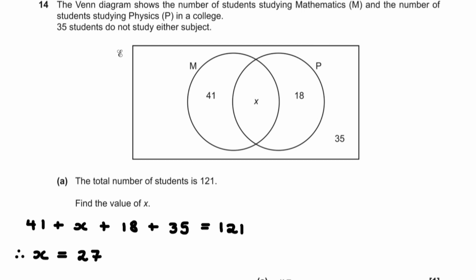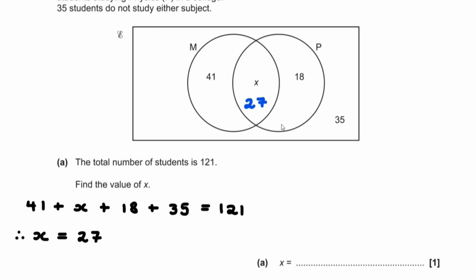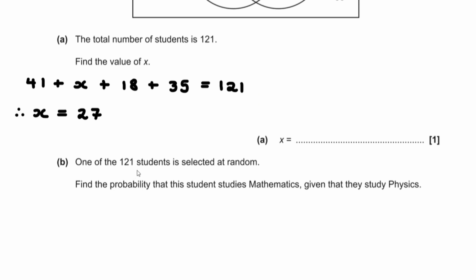So what we'll do then is we'll add this 27 to the Venn diagram. Part B, one of the 121 students is selected at random. We have to find the probability that the student studies maths given that they study physics. So how many study physics?